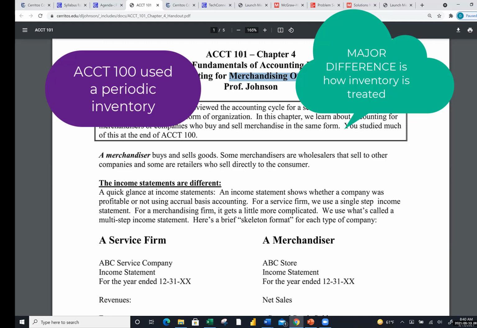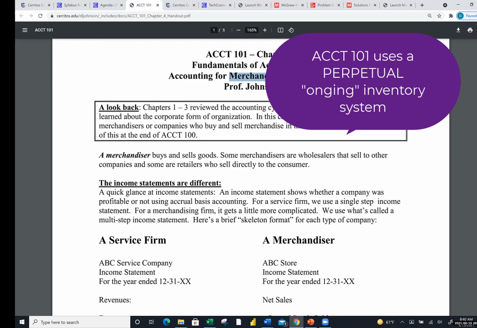The new part of this chapter, and looking ahead, is most companies, with the advent of fairly inexpensive accounting software and with the advent of fairly easy ways to track inventory movement, most companies now are using a perpetual-based inventory system. And that perpetual-based inventory system is going to track every in and every out.